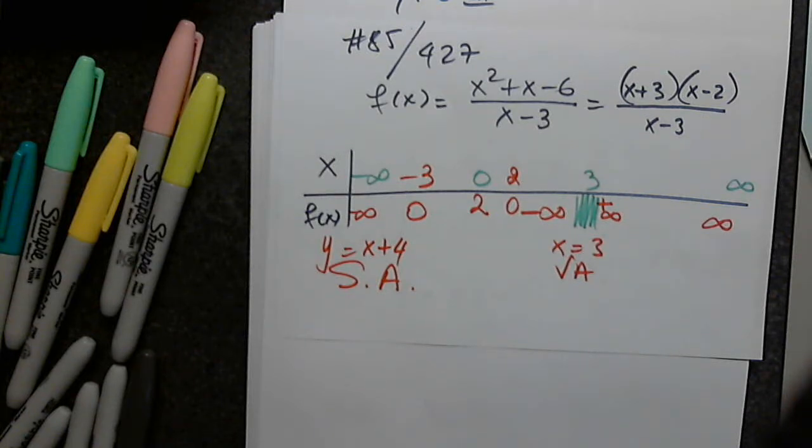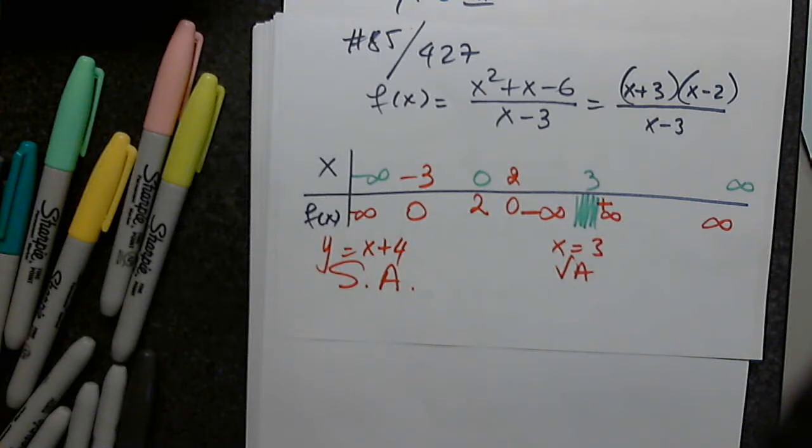Okay, so from negative infinity, crosses at negative 3, 0, crosses at 0, 2, which is the y-intercept. It has 2 x-intercepts, sorry. Okay, I started somewhere else, my mistake.